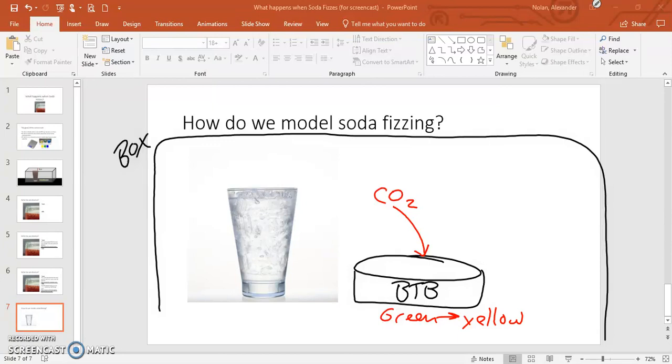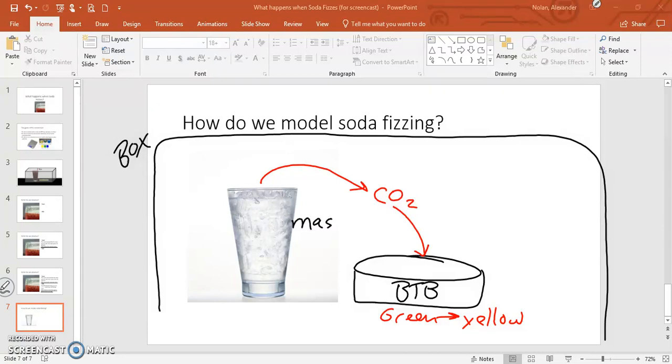So where did that CO2 come from? Well, the soda water was the only other thing inside of that box. So I think it's reasonable to say that the CO2 came out of the soda. So our soda has CO2 coming out of it and into the BTB. Something to note as well, remember, the mass of the soda went down.